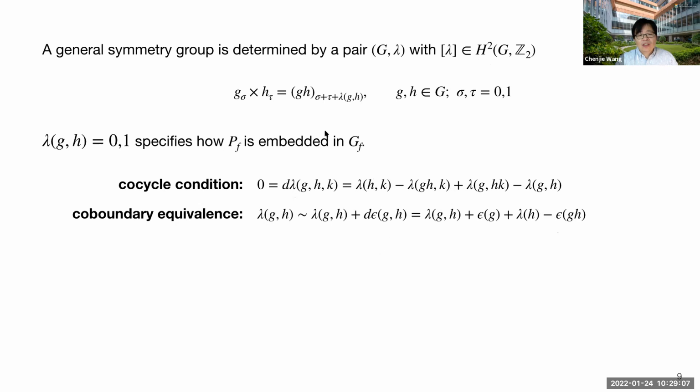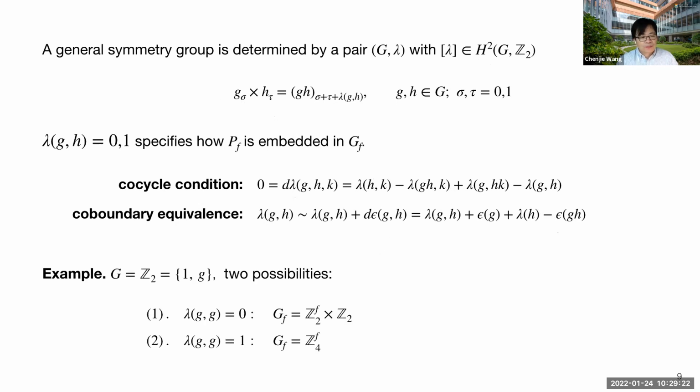Once it's specified, the group action in GF is specified by this multiplication, where sigma is 0 or 1, and little g or h is a group element in big G. For example, in the simplest case, G is Z2, with group elements 1 and g.